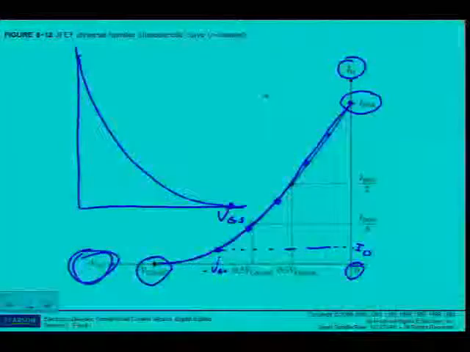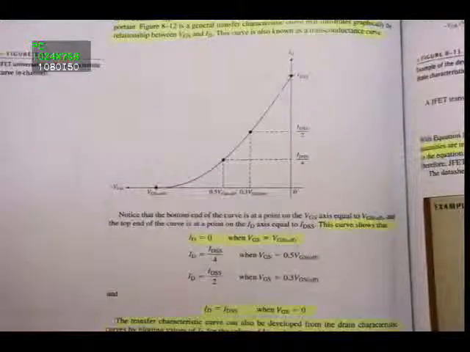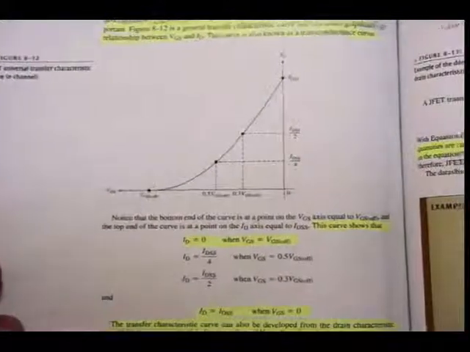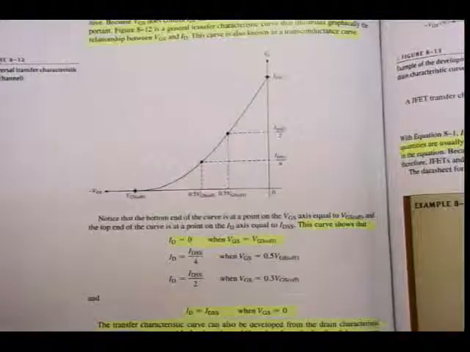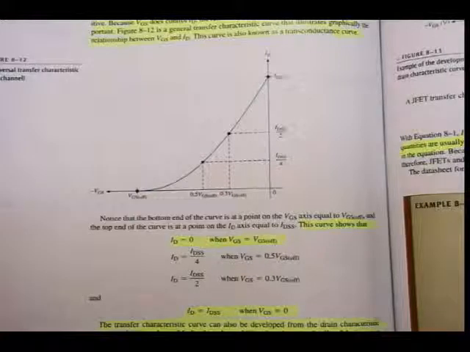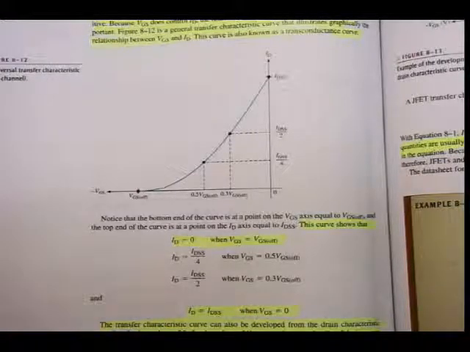Alright. Anyway, let's refer back to the textbook. If I read there below figure 8.12, we've already established that they say there, notice that the bottom end of the curve is at the point on the VGS axis equal to VGS off, and the top end of the curve is at the point on the ID axis equal to IDSS.